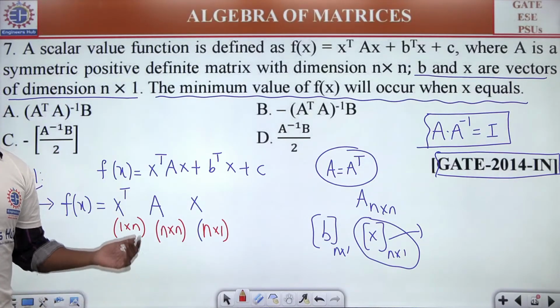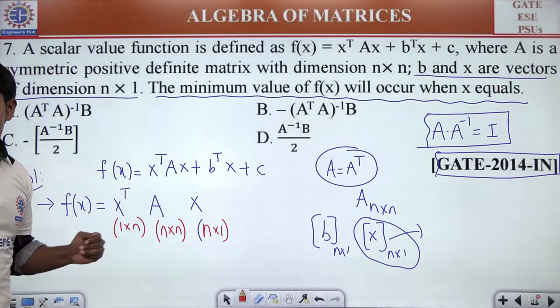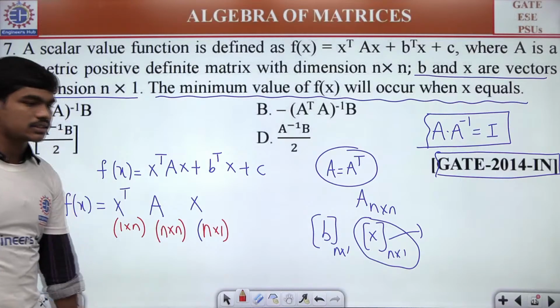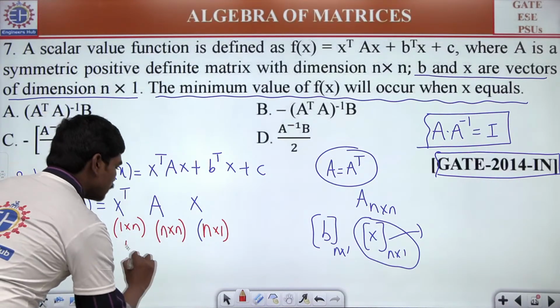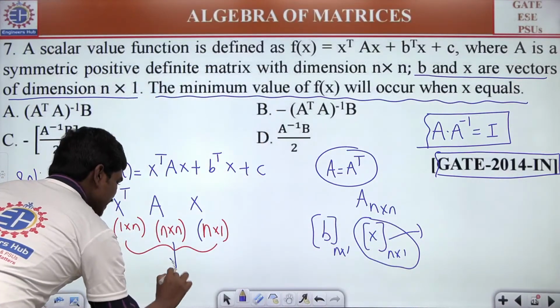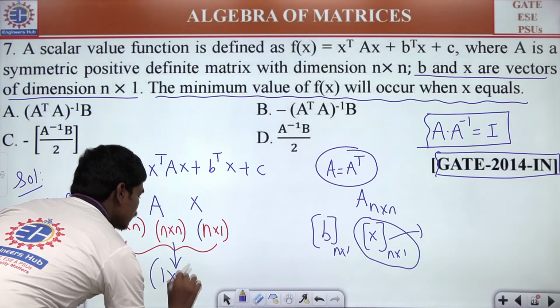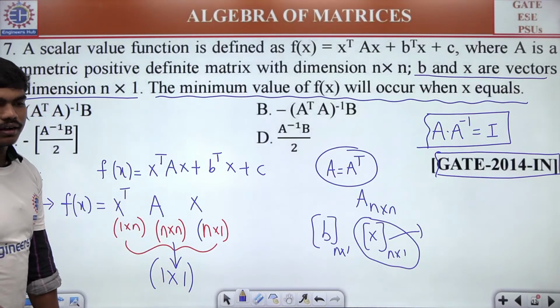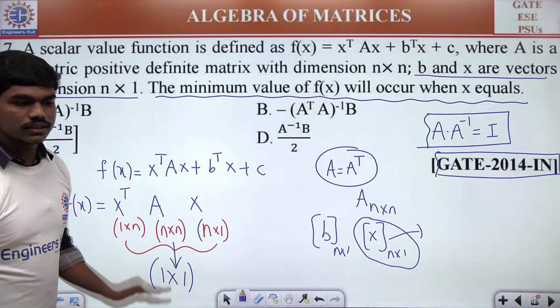Any one of you? It's 1 by 1. Can you all agree that if I multiply these three matrices, I will be getting a scalar, correct?